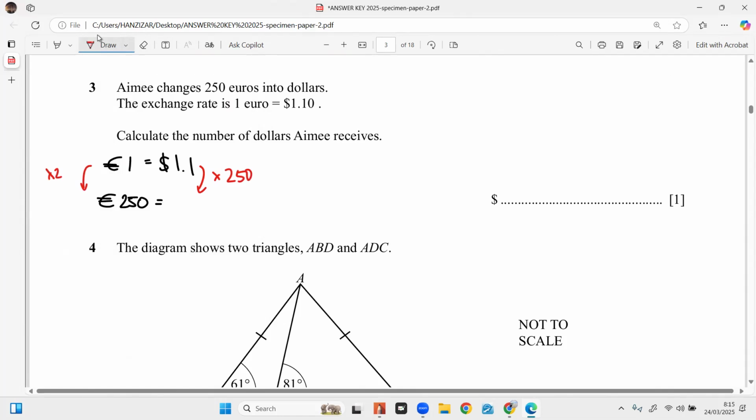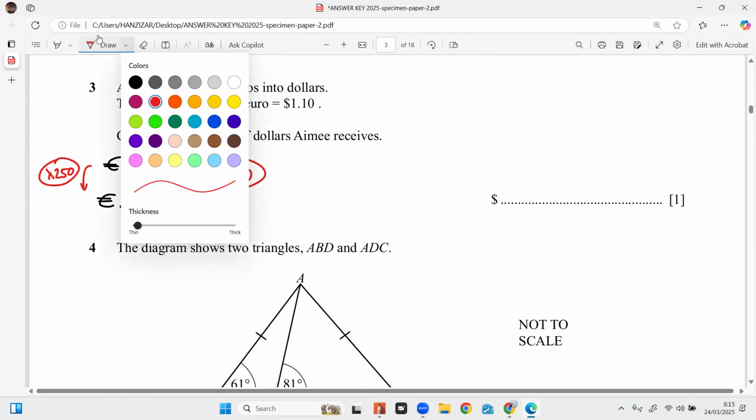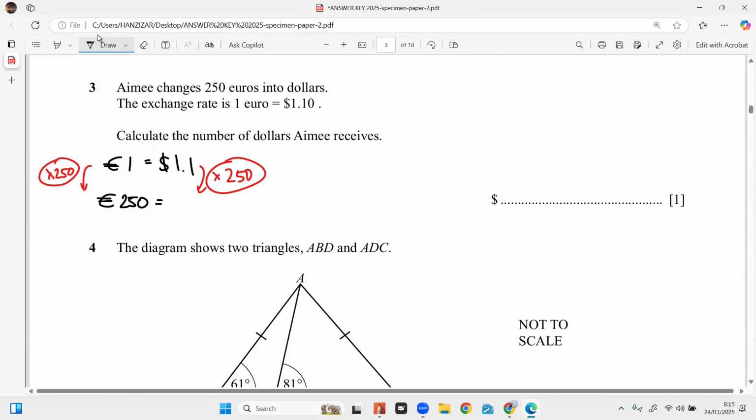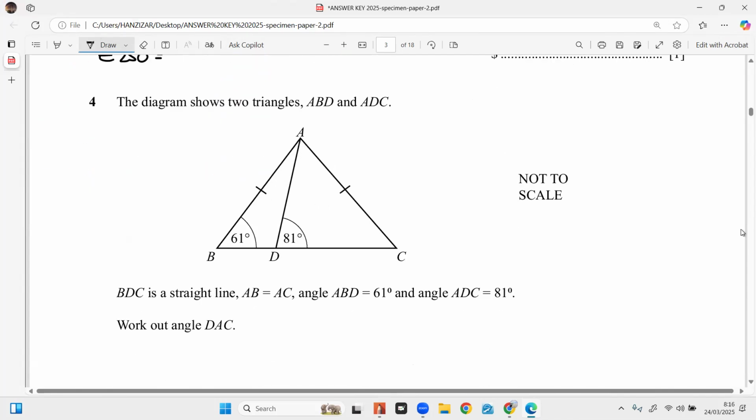Now, how do you solve it? 1.1 is 11 over 10, times 250. Just think simple: 25 times 11 gives 275. So $275.